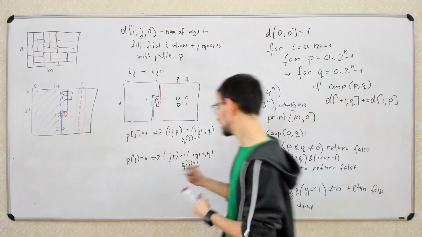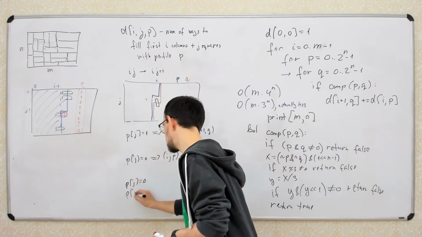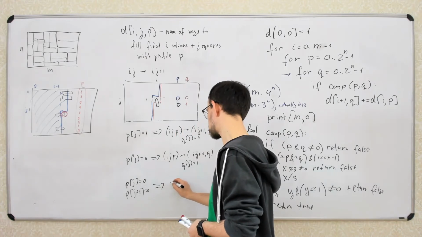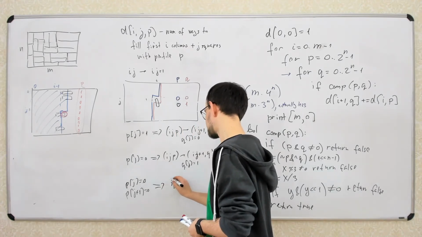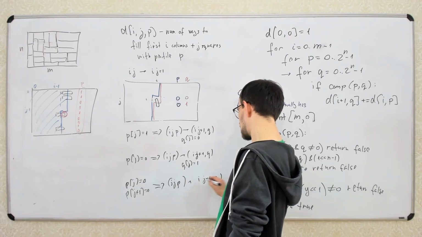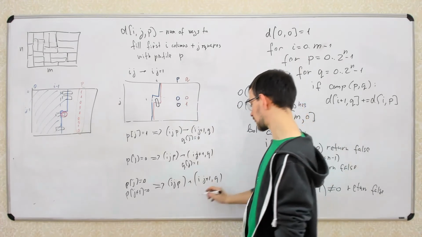So the second thing is when we have Pj equal to 0 and Pj plus 1 equal to 0, then we need to make transition from ijP again to state ij plus 1 Q, and Q is the same as P, but in position j plus 1 it is 1.